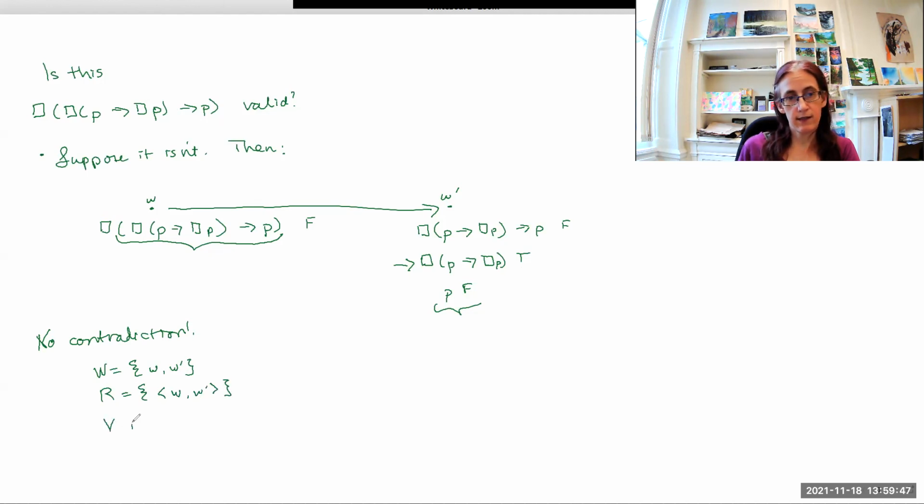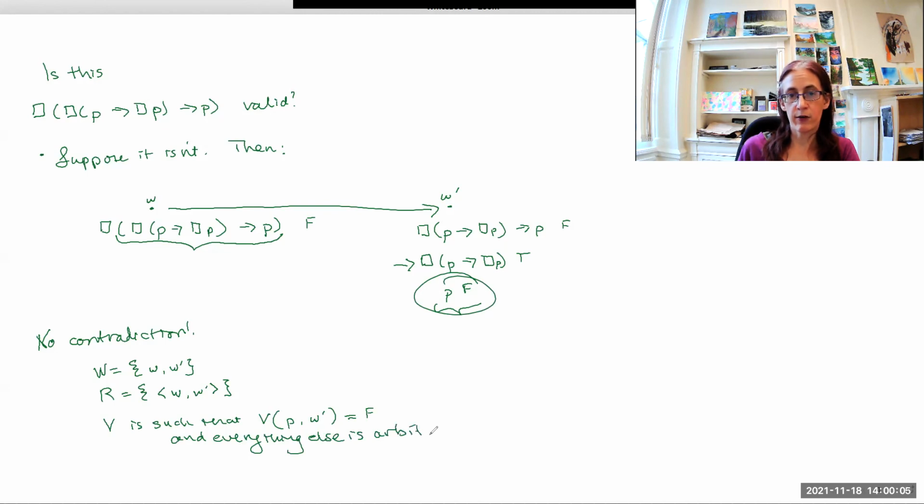And V is such that the value of P at W prime is false, because that's what we have here. Everything else is arbitrary. So here's my frame plus valuation equals model. And here's our world that makes the formula false. So this one is invalid.